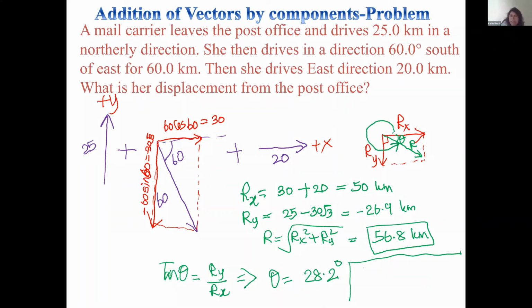So that angle, your direction with respect to x, will be 360 minus 28.2. So that will give you the angle that you need. Okay, so 360 minus 28.2.